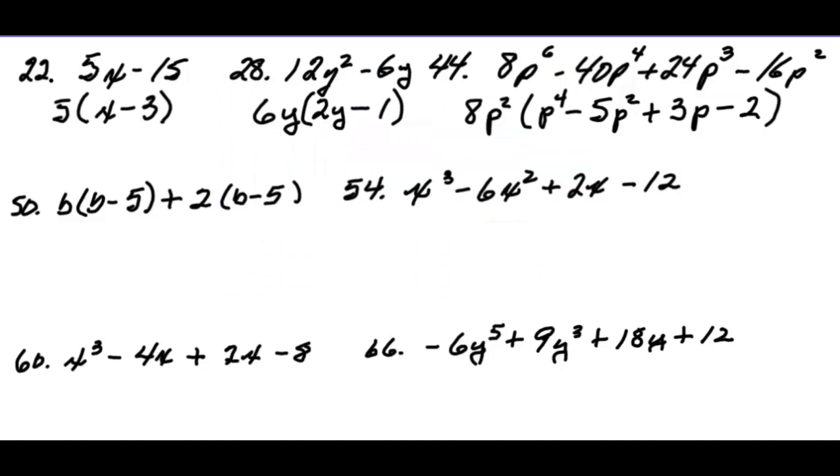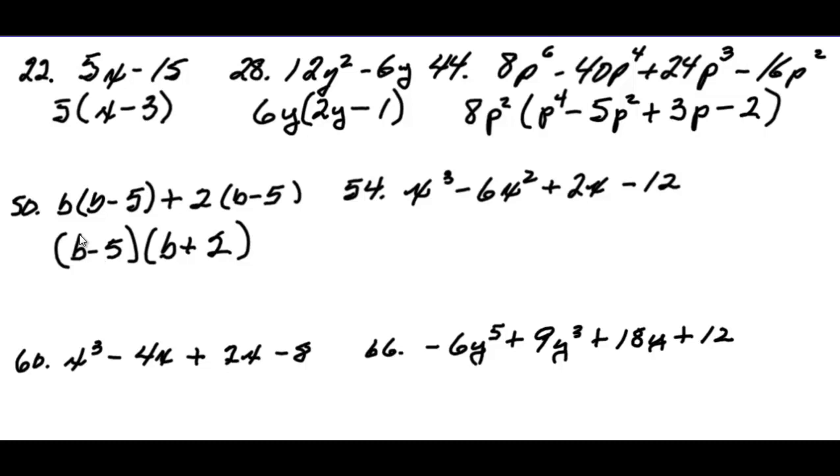So we pull that out, and what we have left now is b plus 2. And whether you multiply across, with the original problem as written in number 50, or whether you FOIL our answer, what you'll get is b squared minus 3b minus 10. That's when you multiply through and combine like terms.